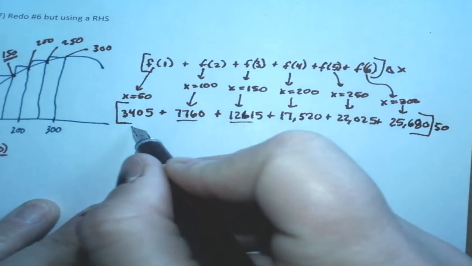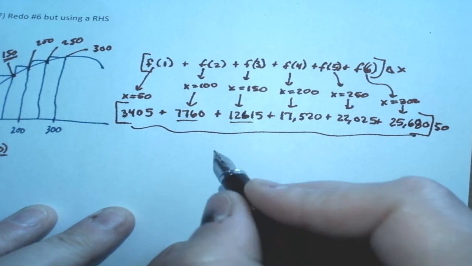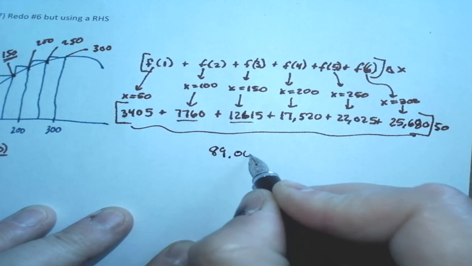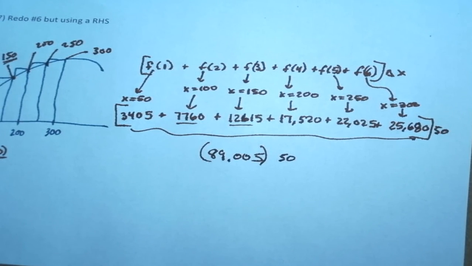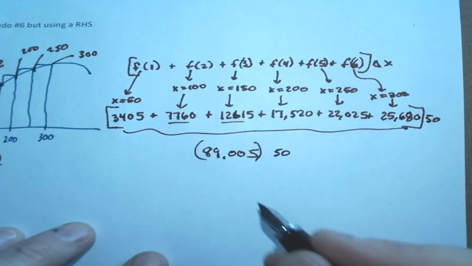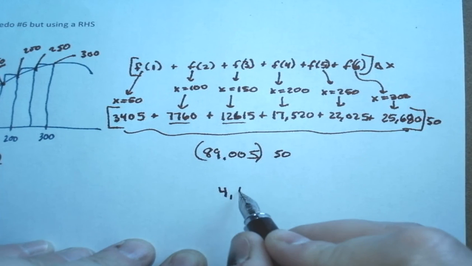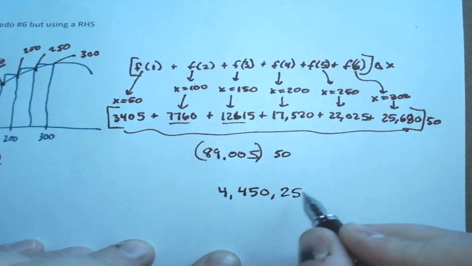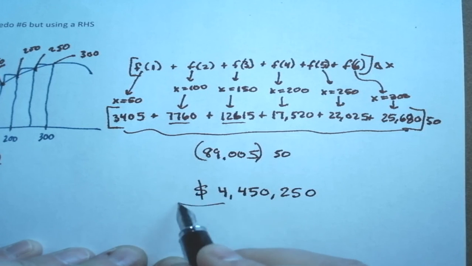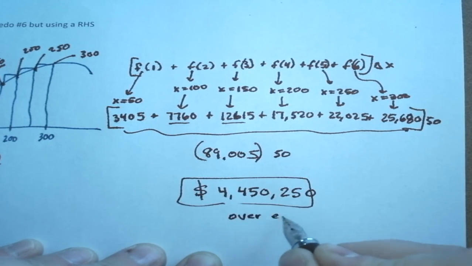All of that adds up to 89,005. 89,005 times 50. And this comes out to be 450,250. And this is an overestimate.